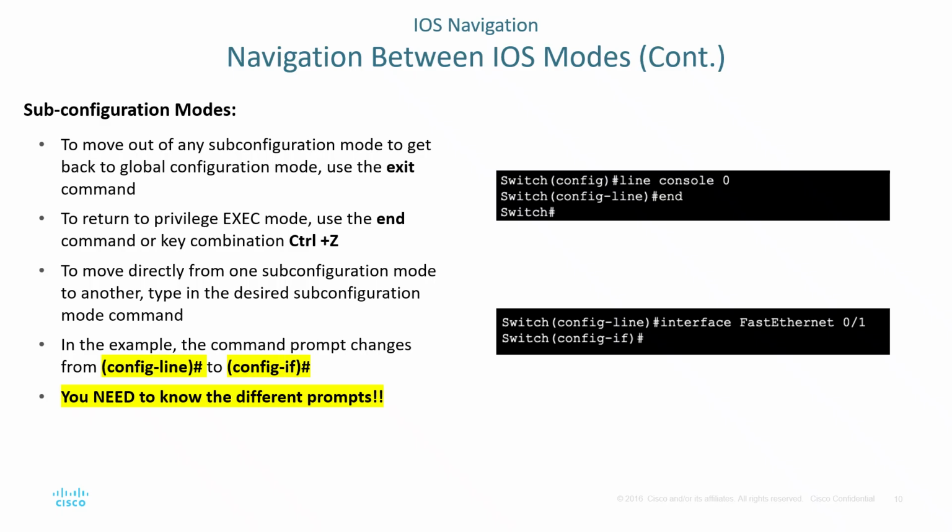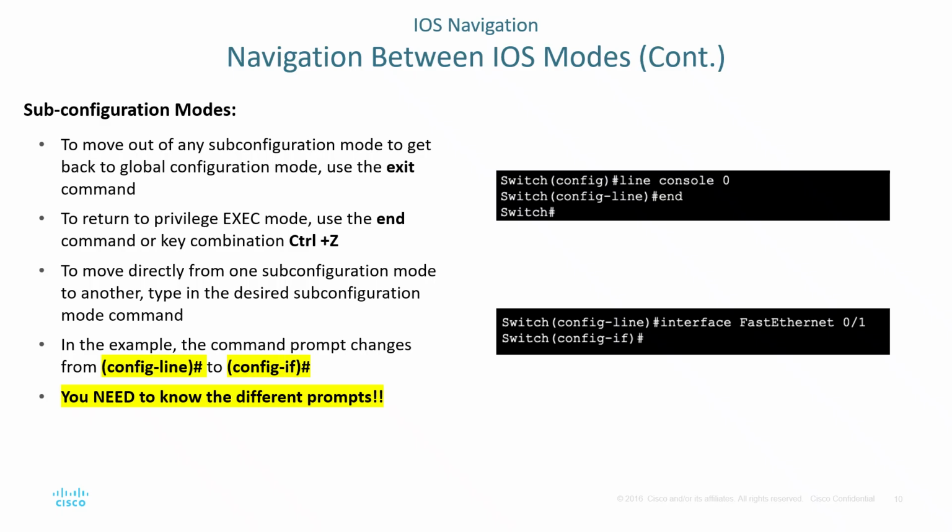To move directly from one sub-configuration mode to another, I type in the desired sub-configuration mode. So in this example, I'm going to go from line mode, and I know this because it is config line, into interface mode. This is the next sub-configuration that we're going to learn about, interface.